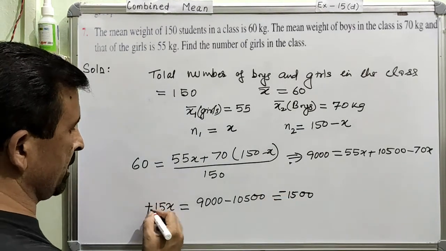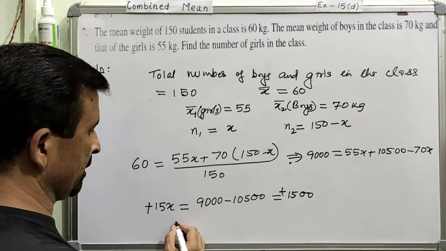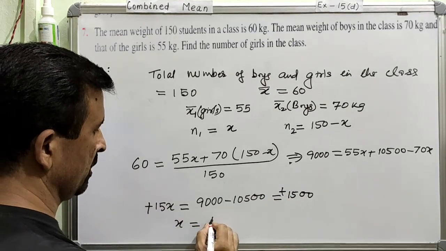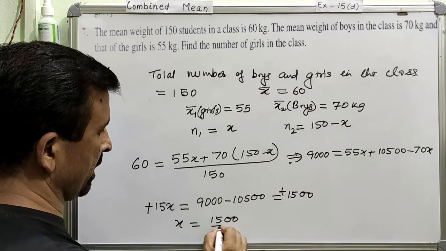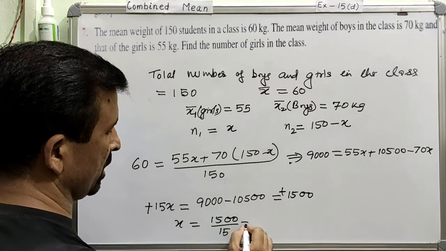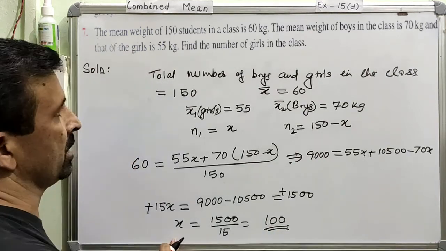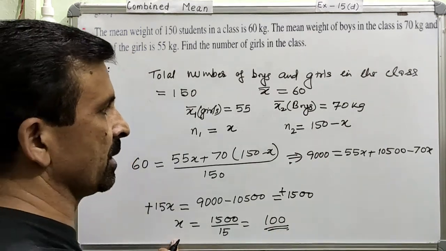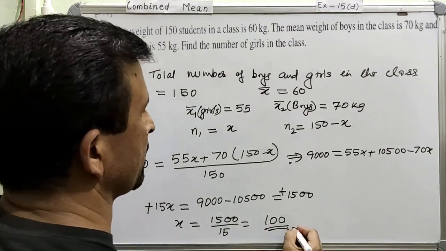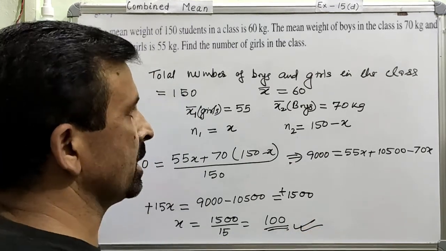Clear? Now this minus and this minus will cancel, and therefore your x will be equal to 1500 divided by 15, which is equal to 100. So this is the number of girls. And the question was to find out the number of girls in the group. So we calculated this to be 100.